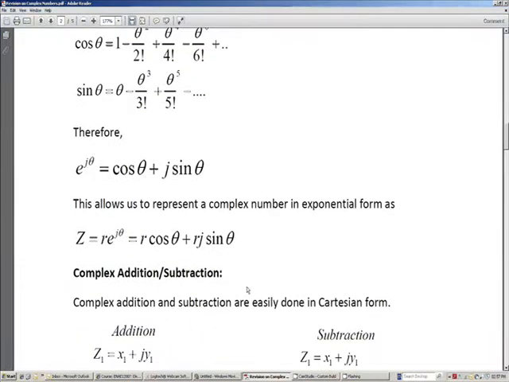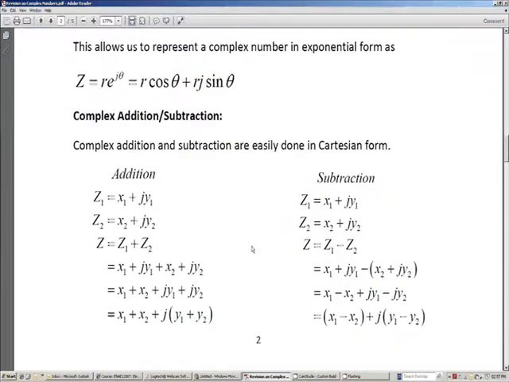And this allows us to represent a complex number in exponential form as z is equal to r e^(j theta), where this splits into a real part, cos theta, and an imaginary part, j sin theta, multiplied by r gives us r cos theta as the real part plus j r sin theta as the imaginary part.